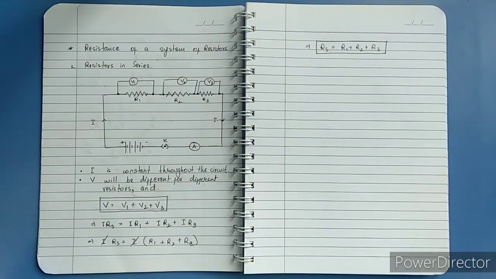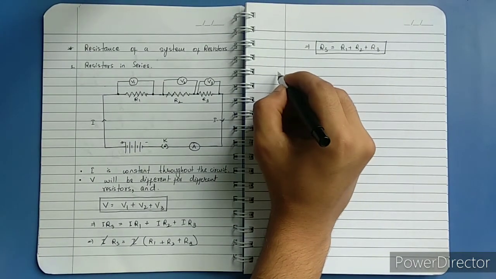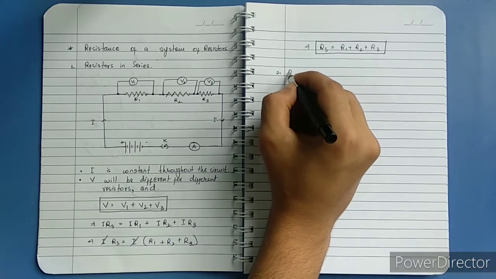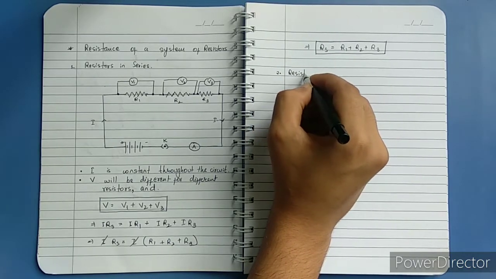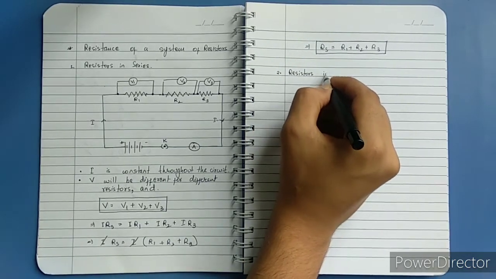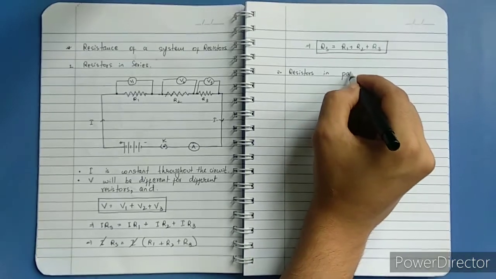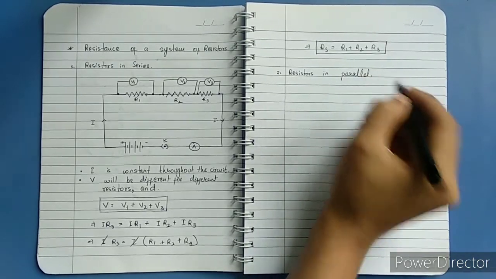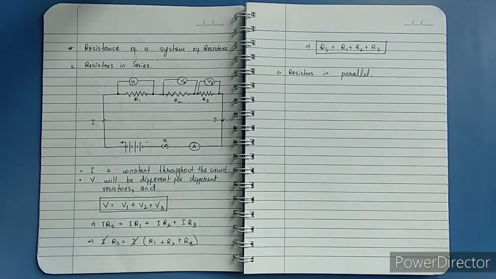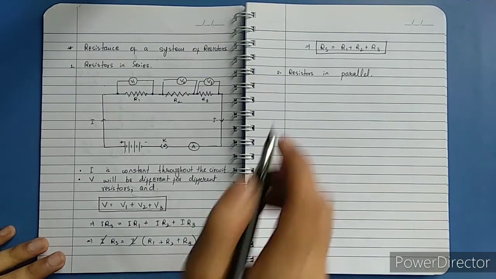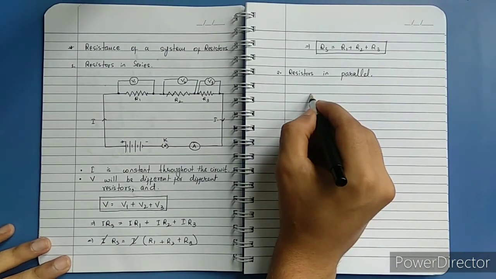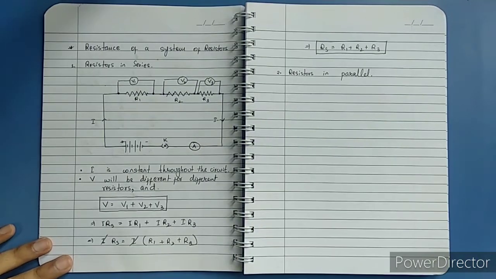And number 2, resistors in parallel. Understanding both these concepts is very important here. So how does the parallel circuit look like?